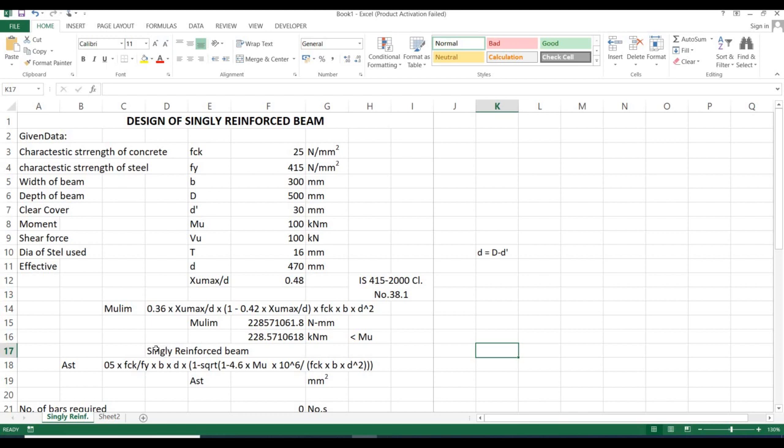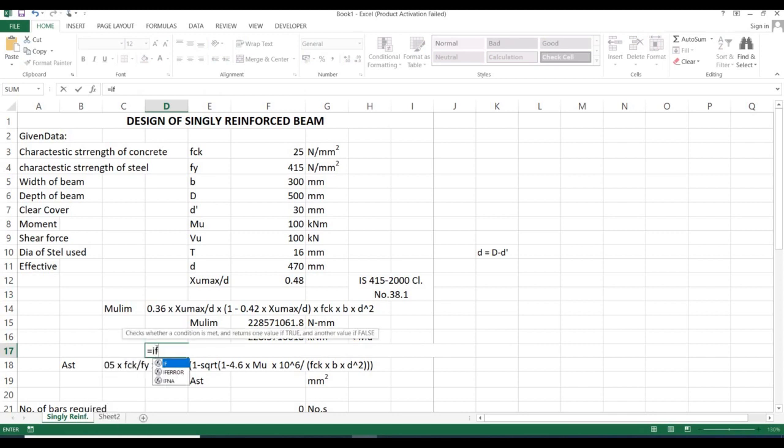Okay, so now I am using it here for the shear. What I will write is equal to, how to write, IF, these are the inbuilt functions available in the Excel sheet itself.